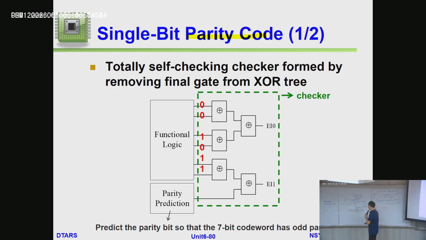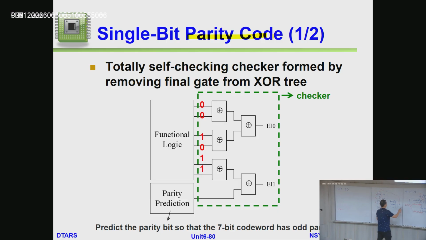So for example, let's define parity as the number of ones. For your outputs, if the number of ones in your output is odd, then its parity is called odd parity.